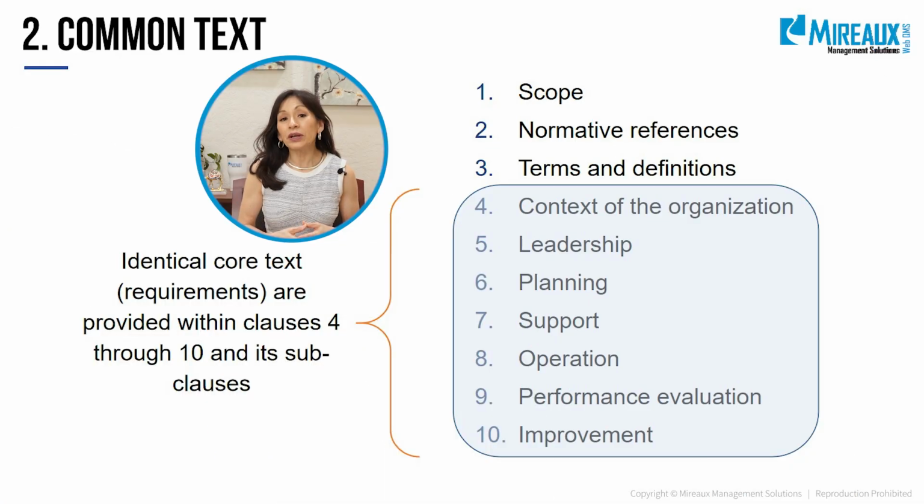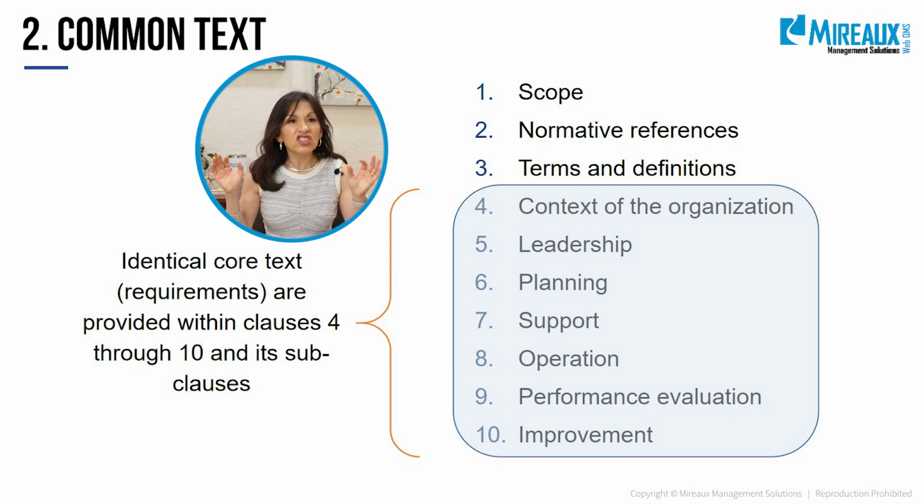The second element of the common framework is common text. This is a big one. Within those core auditable clauses, 4 through 10, and their subclauses, there is identical core text for many of these requirements.